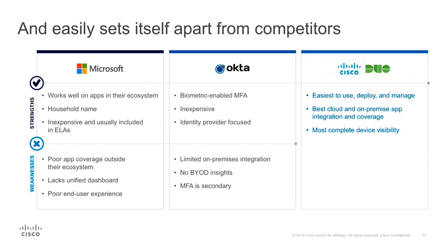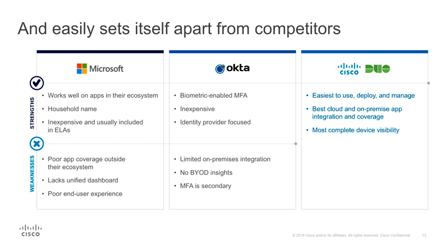While both Microsoft MFA and Okta focus on identifying users, Duo's priority is securing access for users. It sets itself apart by being the easiest to use, deploy, and manage for both end users and admins.